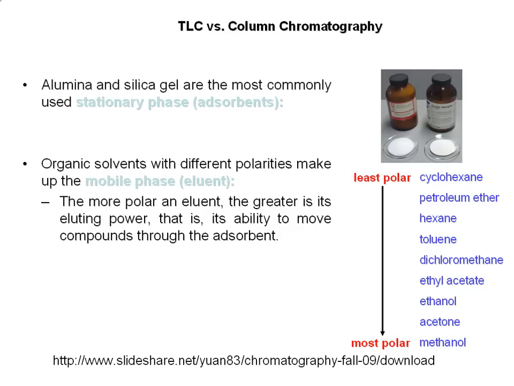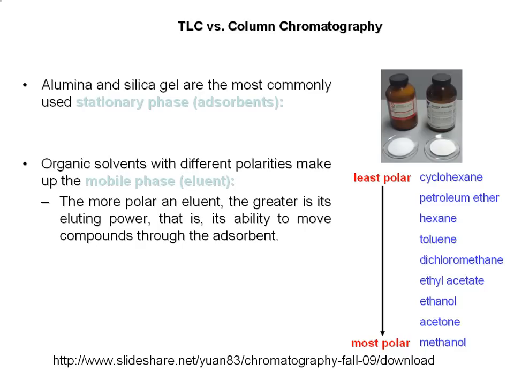Organic solvents with different polarities, you see a polarity scale there on the right, there are several in your textbook as well, make up the mobile phase. So the more polar the eluent, the greater is its eluting power.